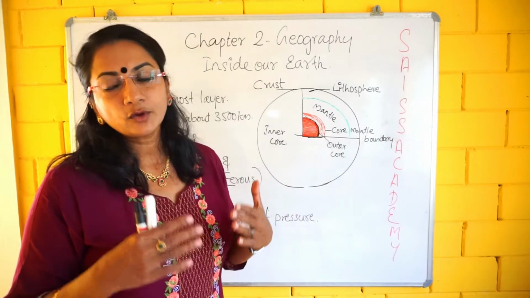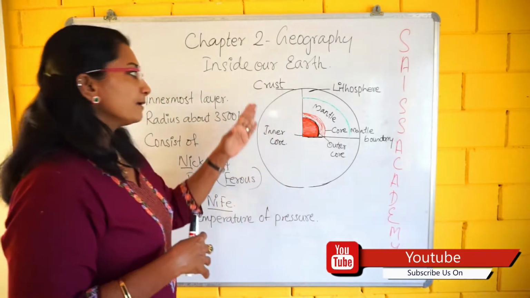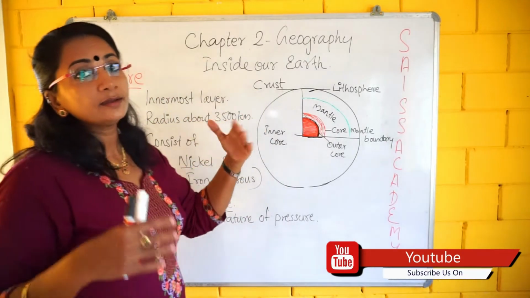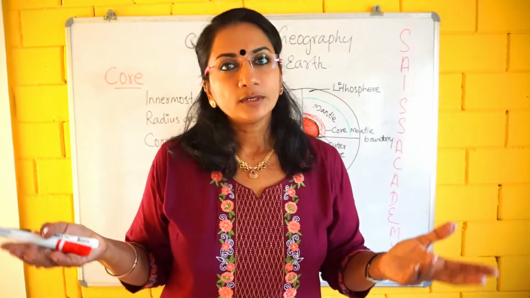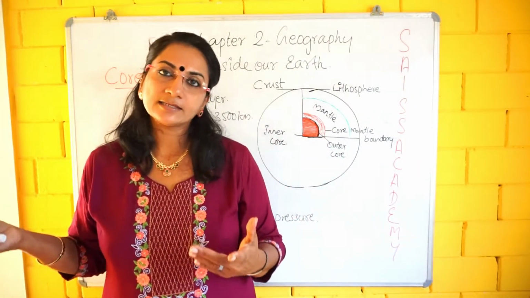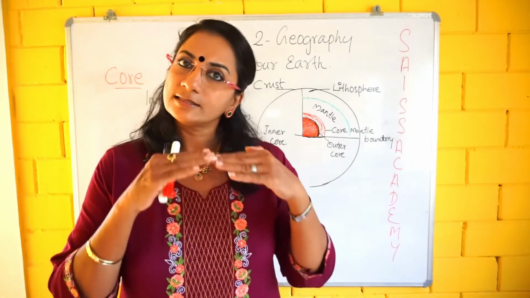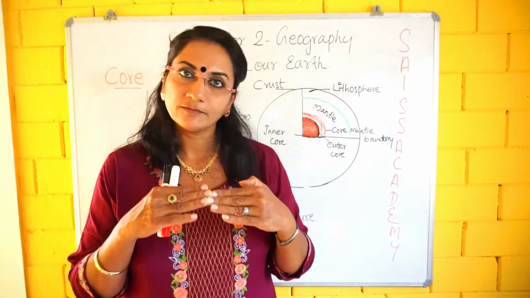Okay children, I hope you all understood all these three points. First we talked about the crust, and we are living on this crust. All the mountainous regions, all these plateaus, all these plains are on this crust, and it is the thinnest layer, and it is 35 kilometers.